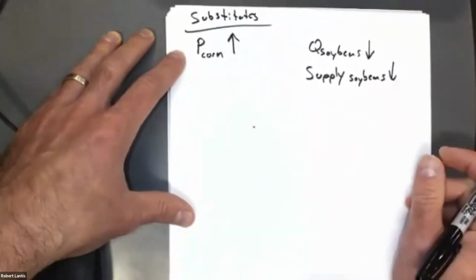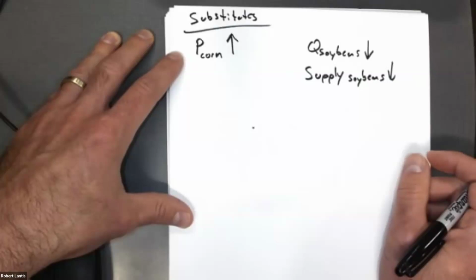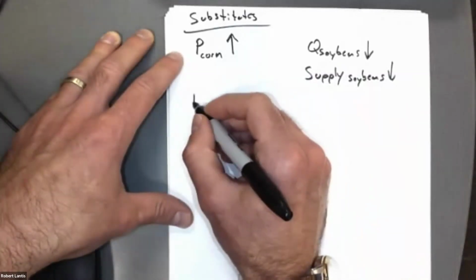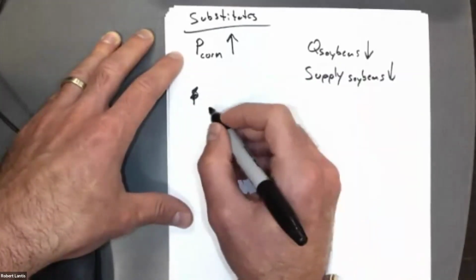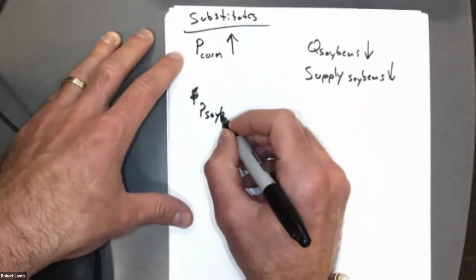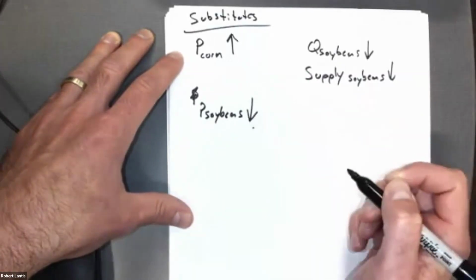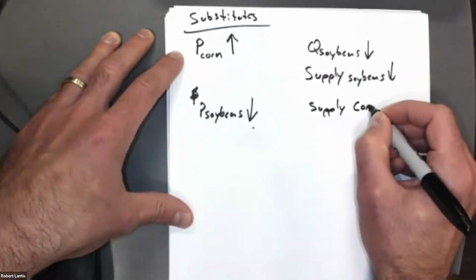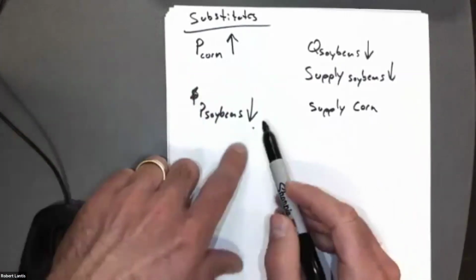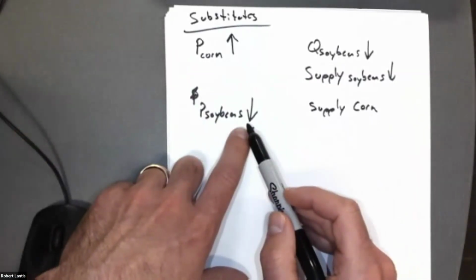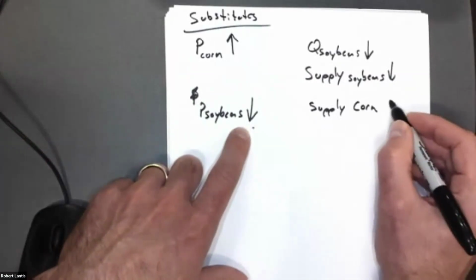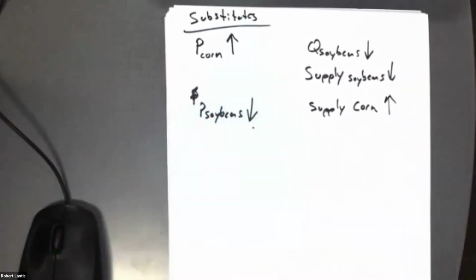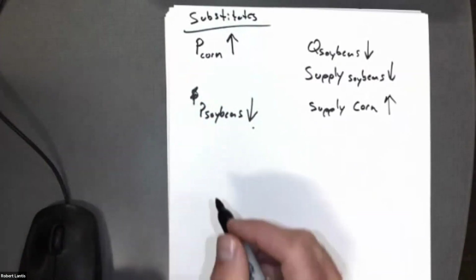Any questions on that idea? And then the flip side, right? If the price of soybeans is going down, what's going to happen to the supply of corn? Well, if I can sell soybeans for less money, I'm going to be more likely to want to plant corn, so we would see the supply of corn increase. These are working in opposite directions. Okay.